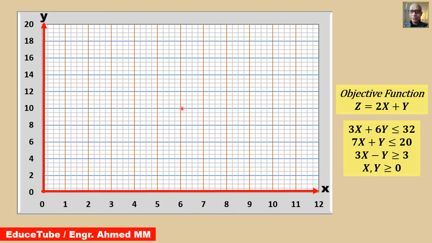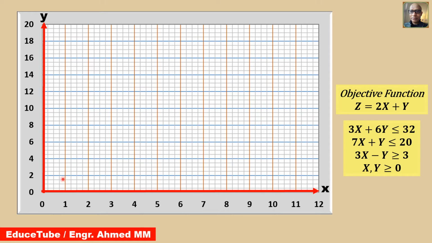So for a graphical solution, it means we have to plot first all these constraints. Then we need to identify the feasible region. When we finish the graph according to these constraints, then we will identify the feasible region.